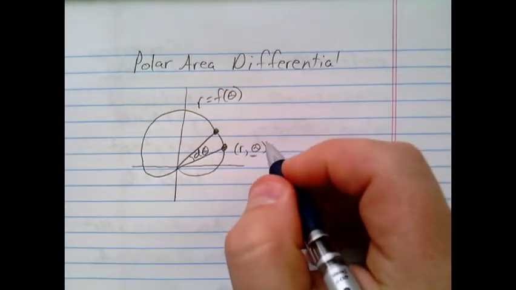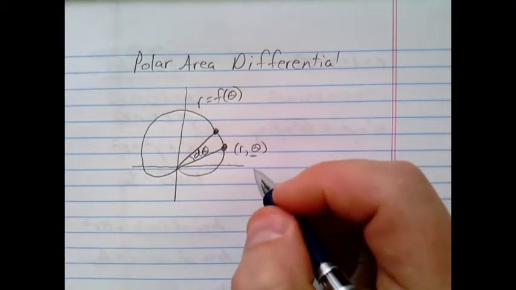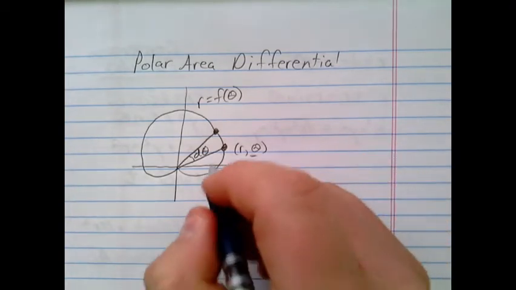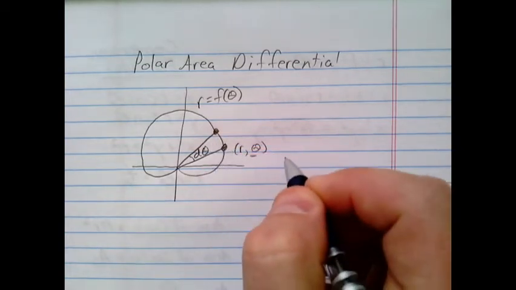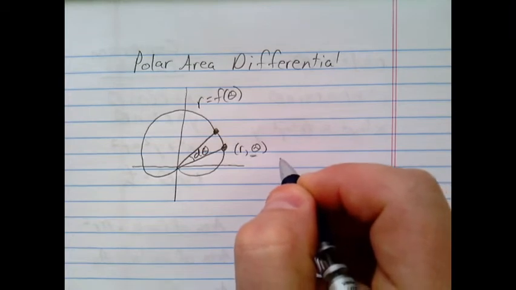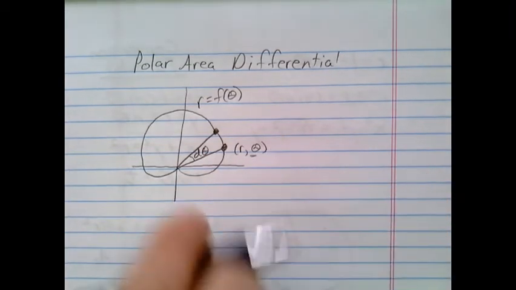This corresponds to the dx. Now, when I make this sweeping, my area bounded by this curve is nothing like a rectangle. It's more like a piece of a pie.